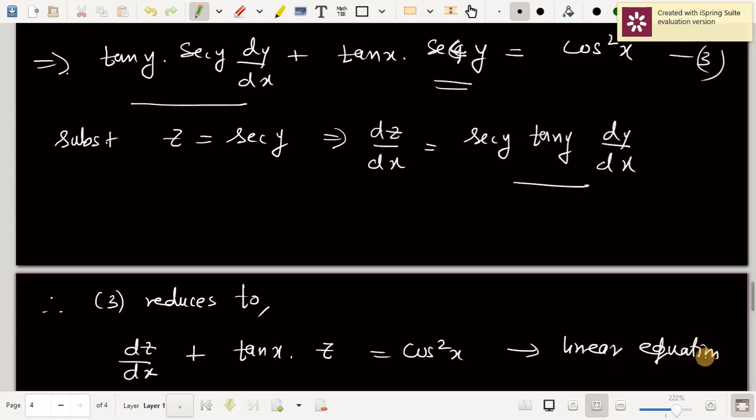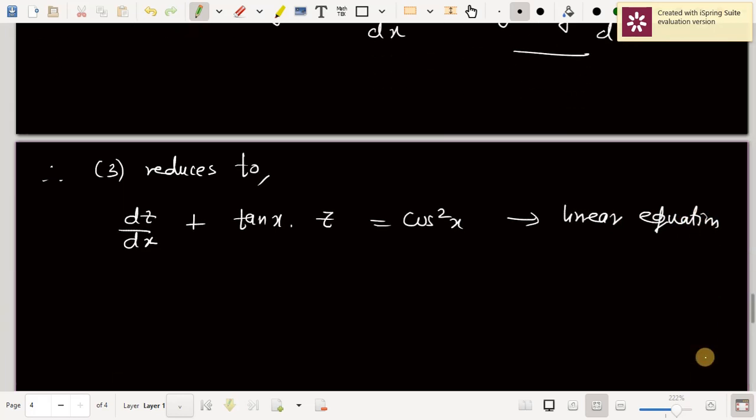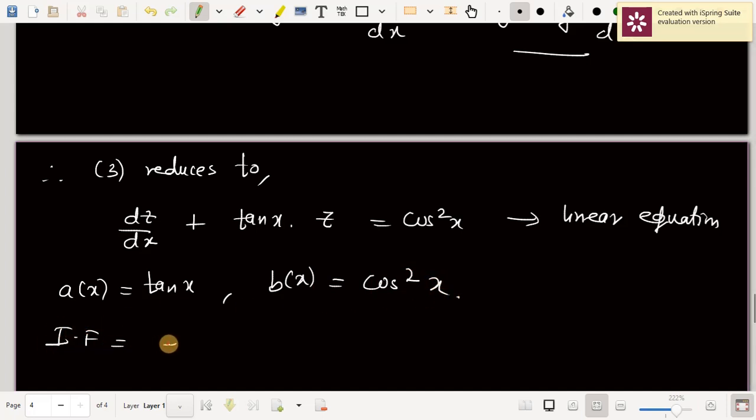So we are going to solve this for z, isn't it? dz by dx plus some function of x, tan x, z is equal to cos square x. So here in this case a of x is tan of x, the coefficient of the dependent variable, and b of x, that is independent of z, is cos square x. And so the integrating factor is given by e raised to integral of a of x dx, that is the same as e raised to integral of tan x.